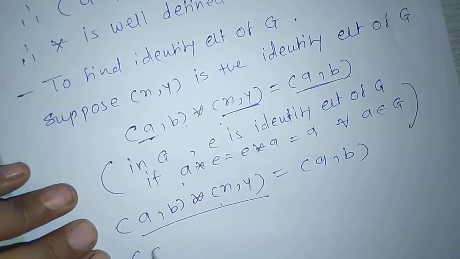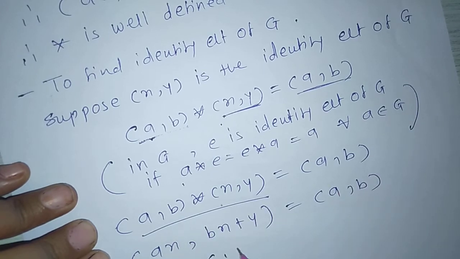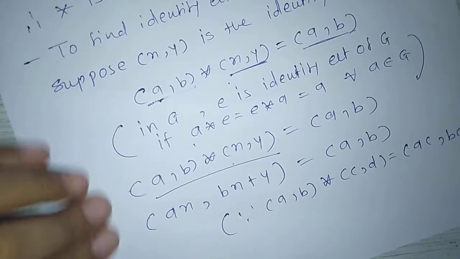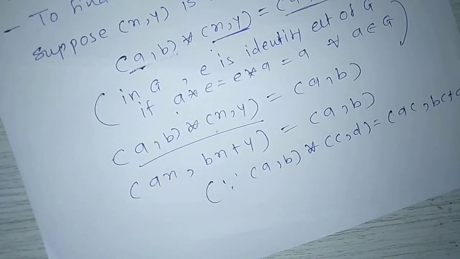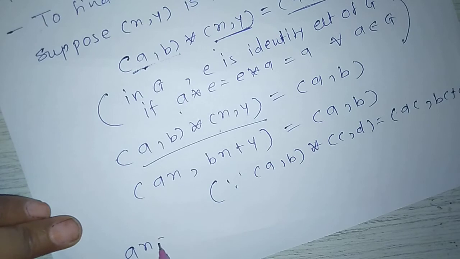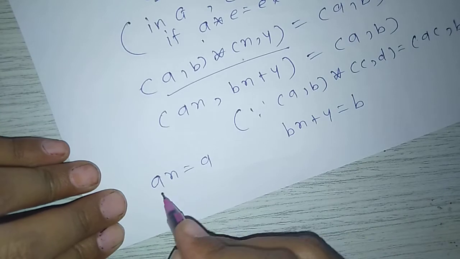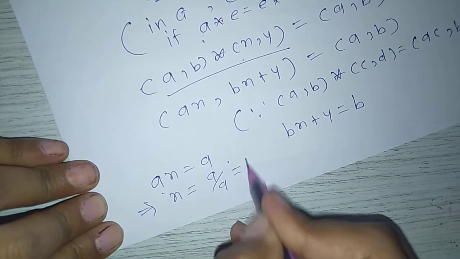Here we get (ax, bx + y) equals (a, b). Now these two are equal, which means their entries must be equal. a into x equals a, b into x plus y equals b. a into x equals a, which implies x equals a upon a equals 1.